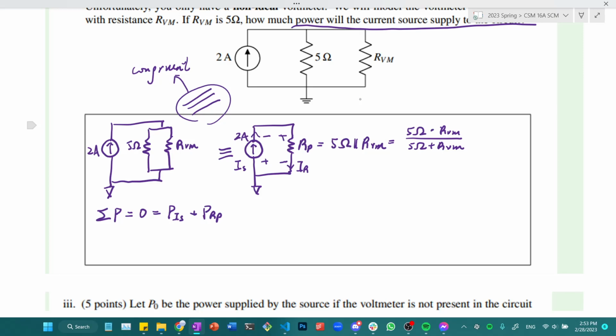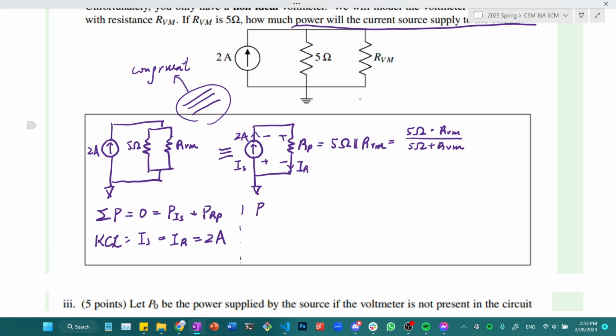Okay, so once again I find that KCL says IS is equal to IR, which is equal to 2 amps. So now I just want to find the power of the parallel resistor, and I can multiply by -1 to get the power of the current source.